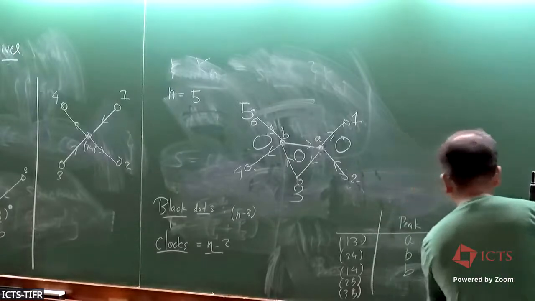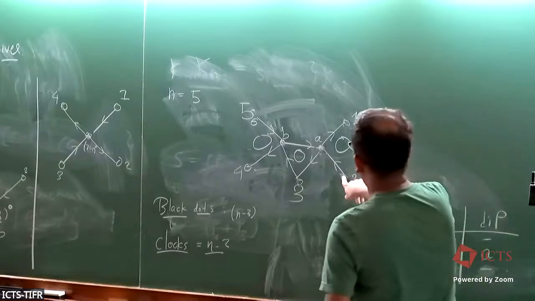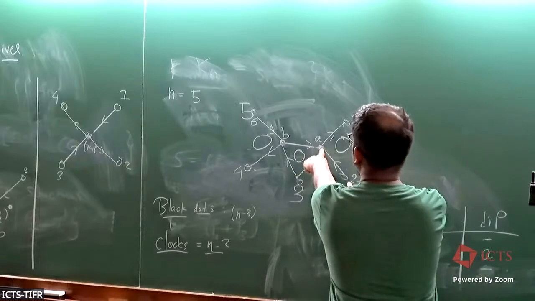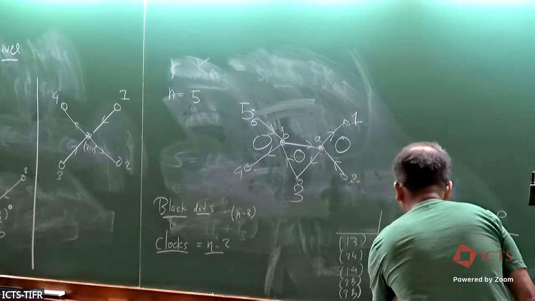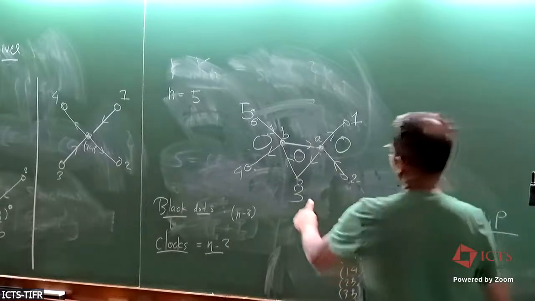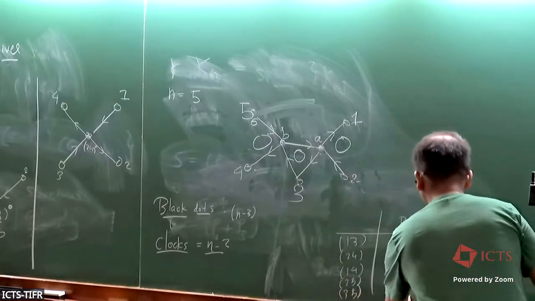Thank you. That's important actually. And 2, 5 has a dip at A and nothing at B. And 3, 5 has a dip at B and nothing at A.